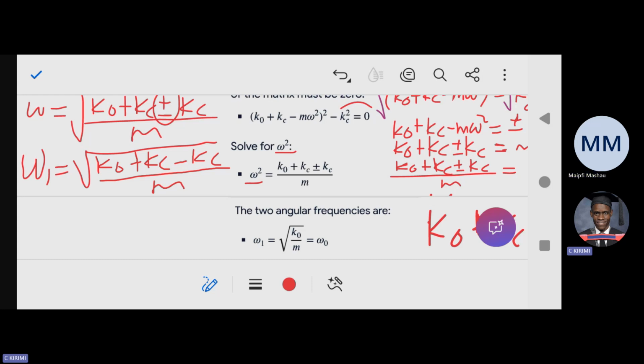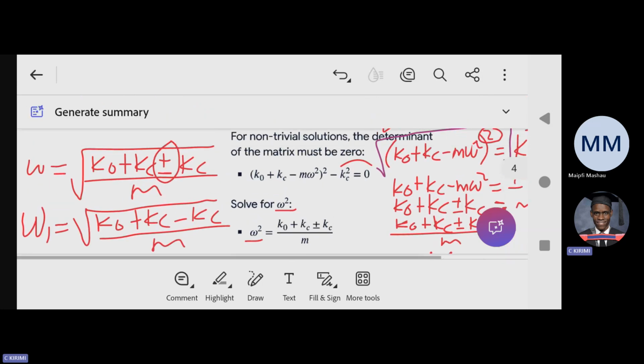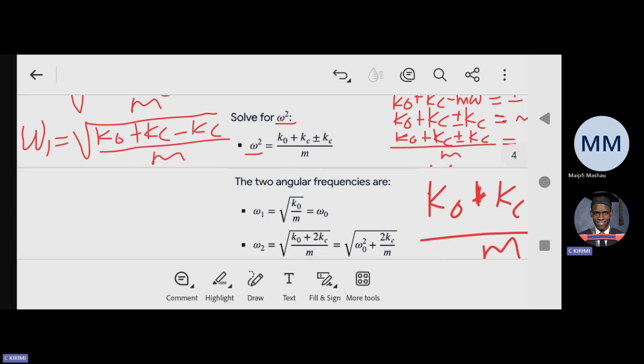What is Kc minus Kc? They cancel. Then I'm left with K naught over M, so I satisfy the condition which I was given.